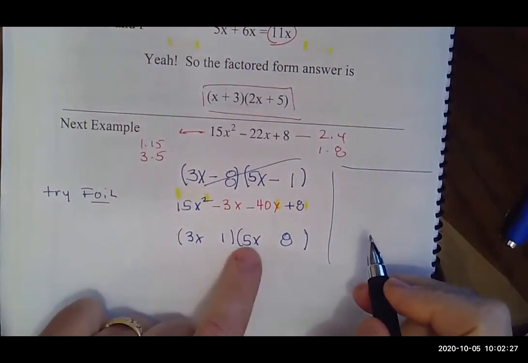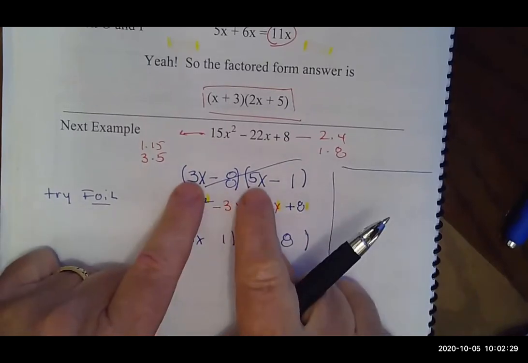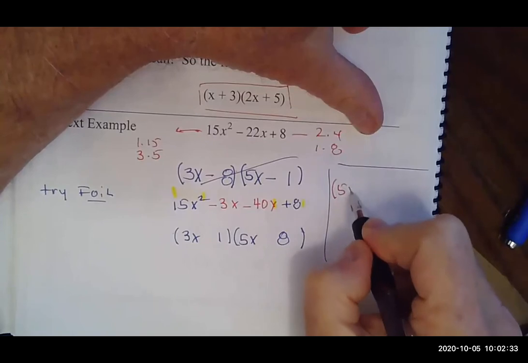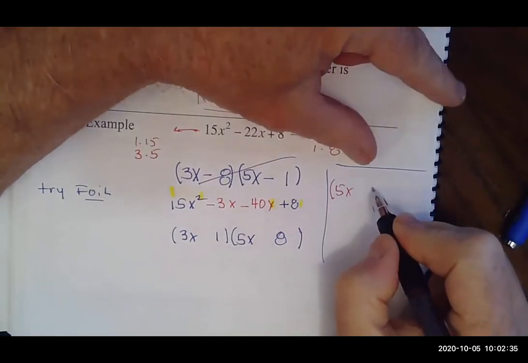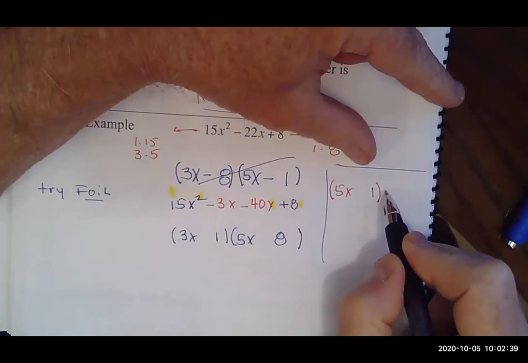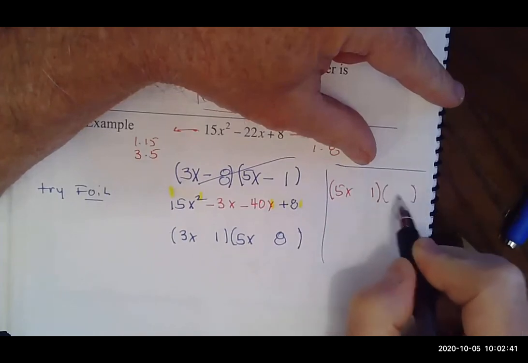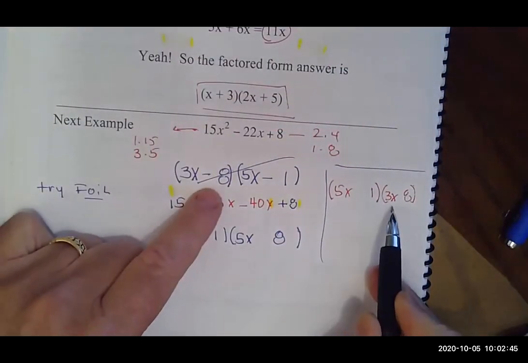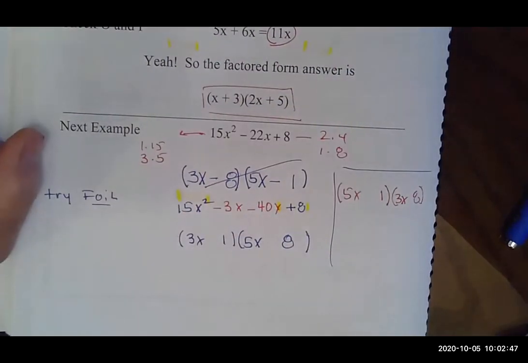What if I swapped the 3 and the 5 and the 1 and 8 at the same time? So this is 5x, and then this is a 1. And then 3x and 8. Yeah. Well, that's the same thing. See, that's just the same thing. Yeah, you don't want to do them both. You pick.